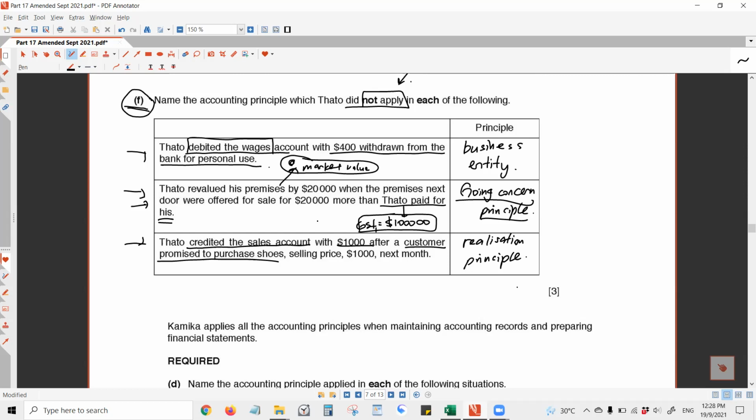One day, the neighboring shop is for sale, maybe for 120,000.